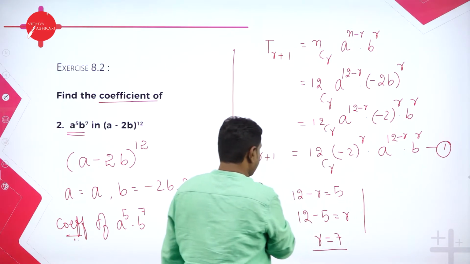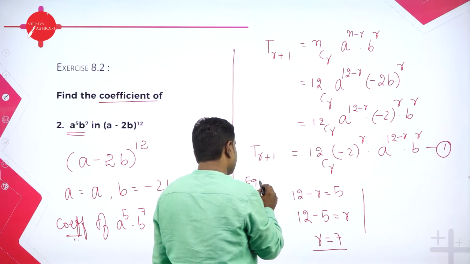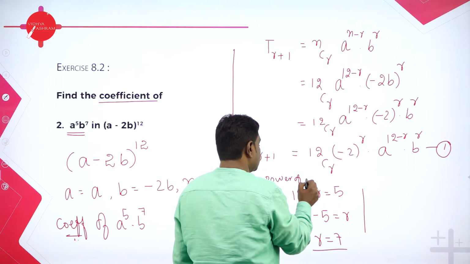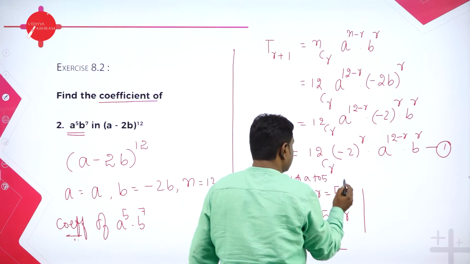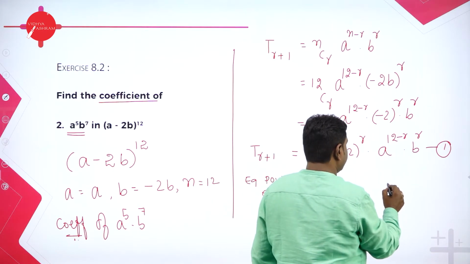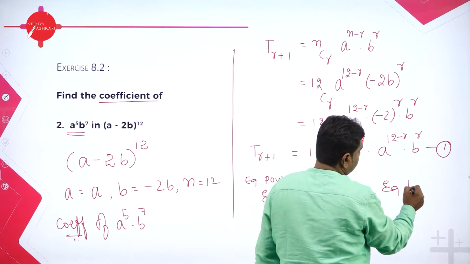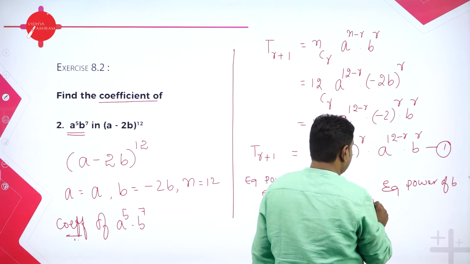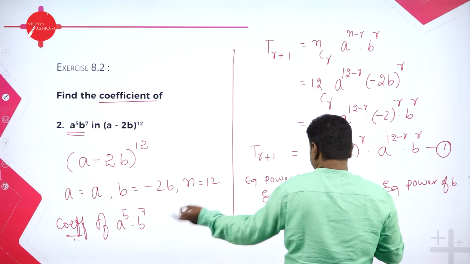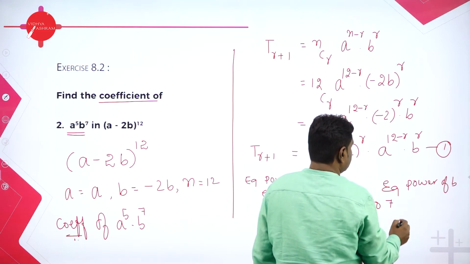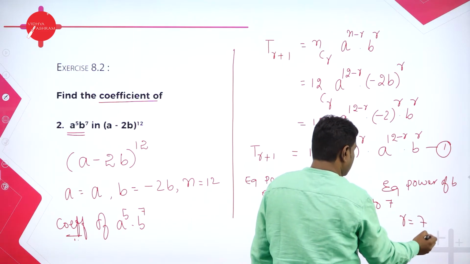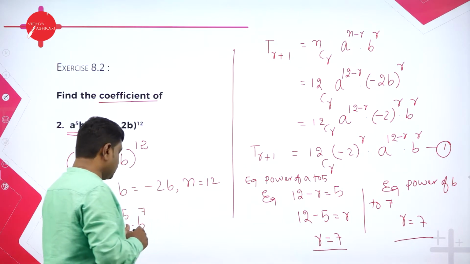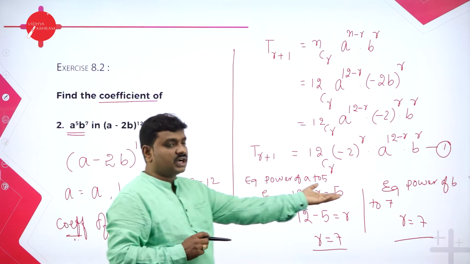Equate the power of b to what? The b power, what is the b power? 7. Then you will get r is equal to 7. In both the cases you should get the same. Then only we can have a power 5, b power 7. So in both the cases we got r is equal to 7.